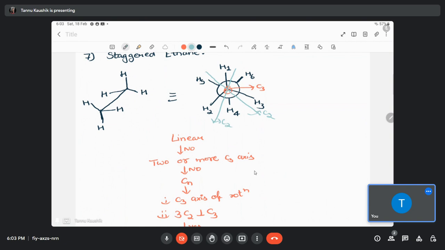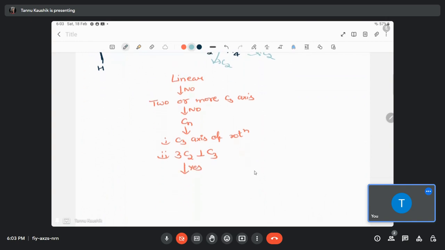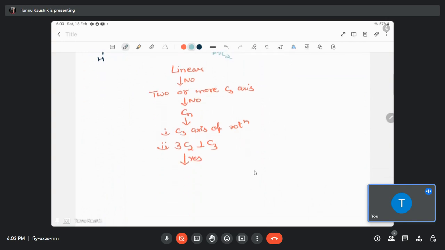Removing it from here to avoid any confusion. Okay, so this is one C2 axis of rotation. Okay, and then we will check whether we have a horizontal plane in the molecule.